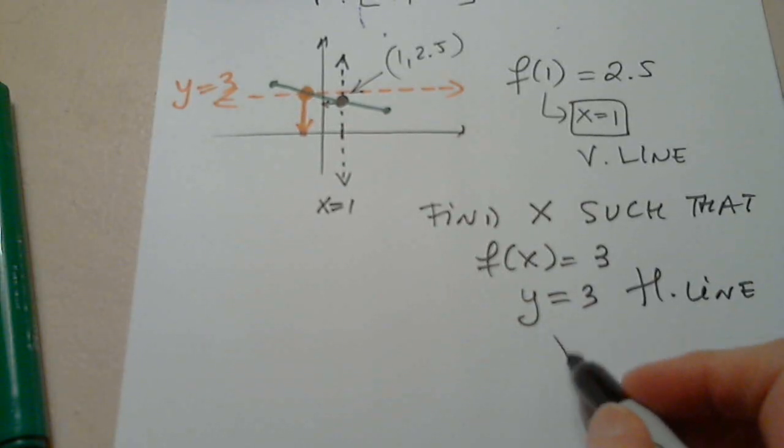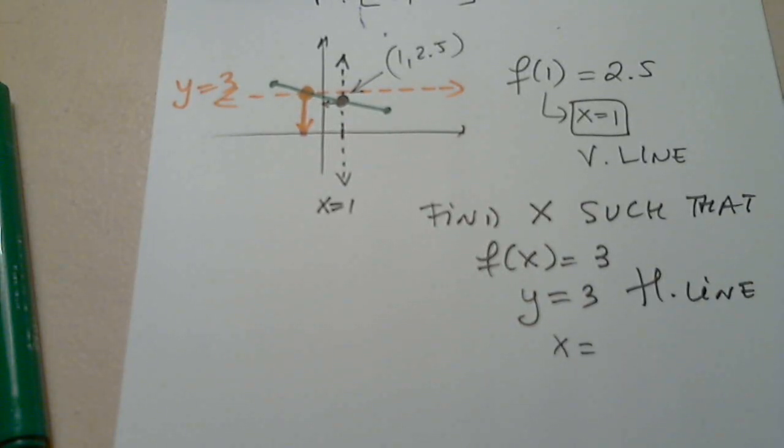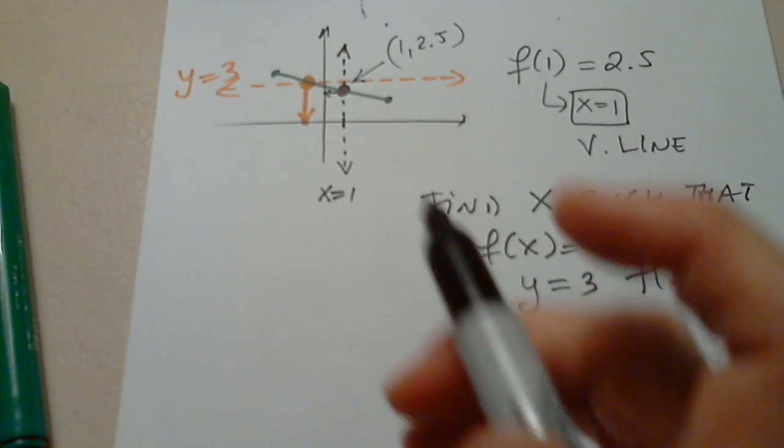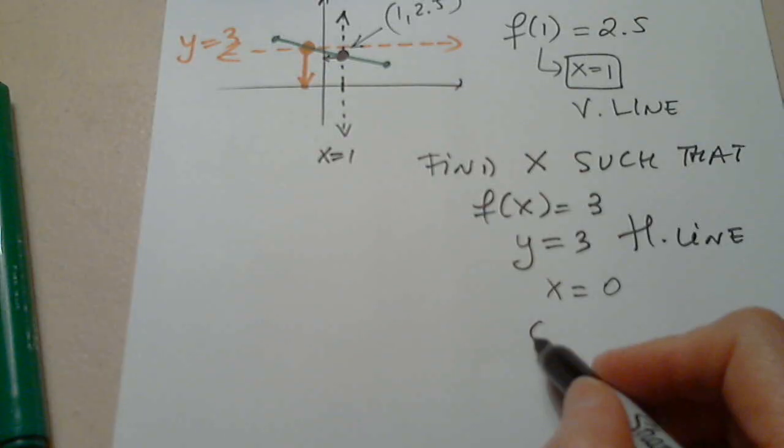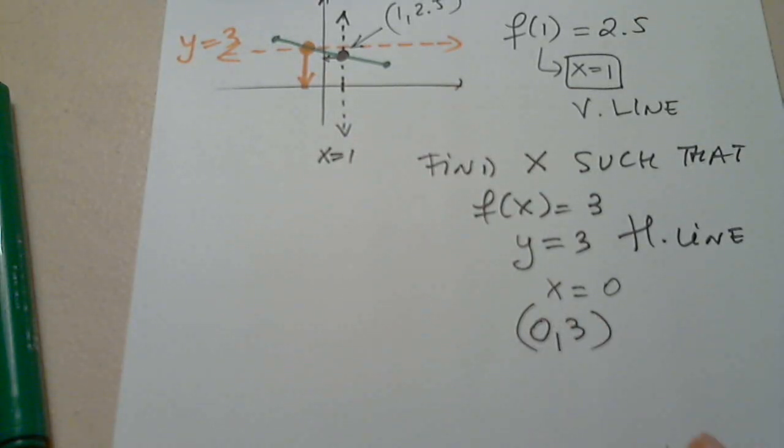So let's find x when y is 3. What would you say? 0. We can say 0, or it's a little bit to the left, but I'm okay with 0. So we read from the point 0 comma 3.